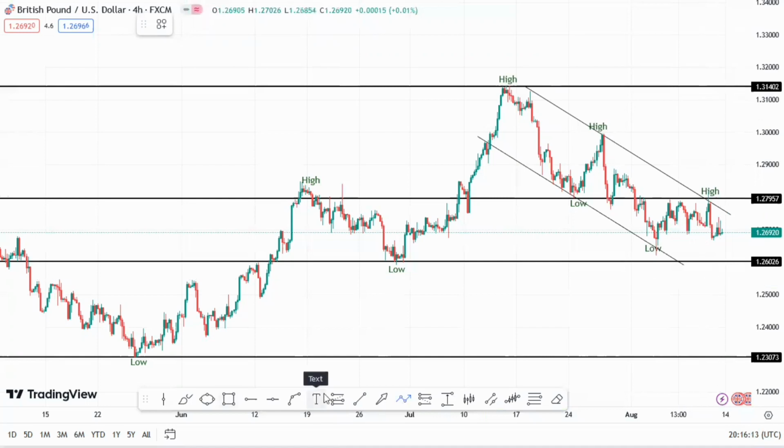Let me not try to confuse you, because we're still gonna go deep into these things. So let me show you something. Hopefully, I'm sure you're understanding this market structure.